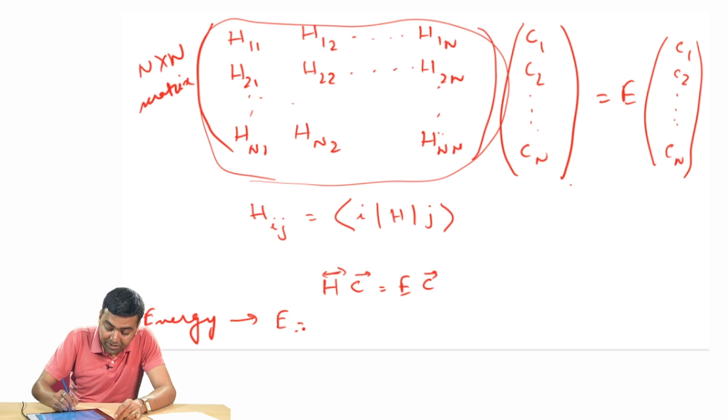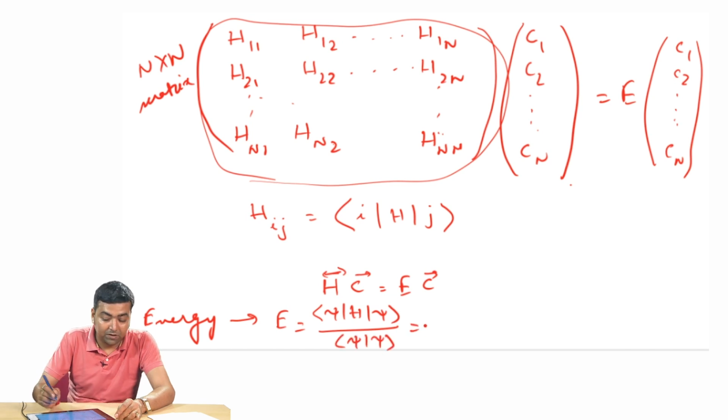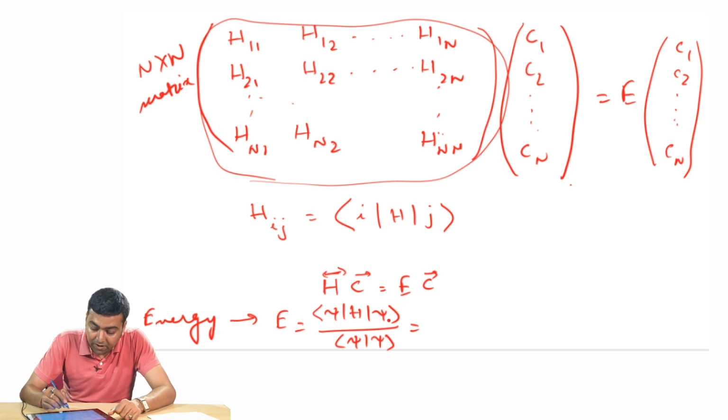If you remember, my E is equal to the expectation value <psi|H|psi>. Now, I am using a basis and doing a linear expansion of psi.